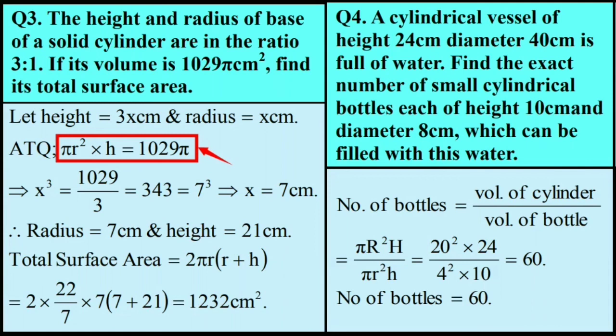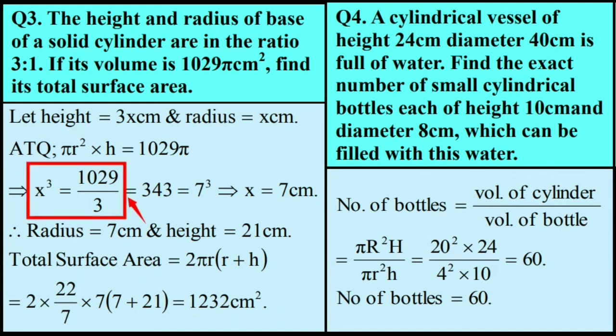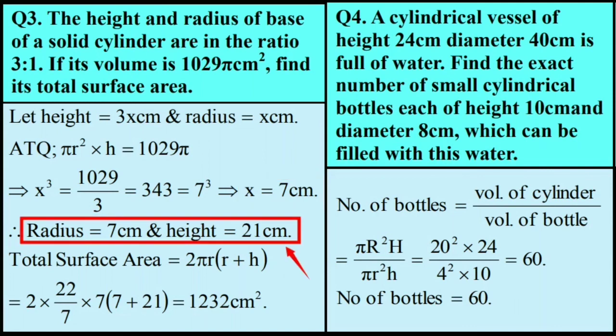That is the formula for volume of a solid cylinder. In the equation, r is replaced with x and h is replaced with 3x, and the equation is simplified to get the value of x, that is the ratio factor, and x obtained is 7 centimeter. Hence radius, that is x, is equal to 7 centimeter, and height, that is 3x, is equal to 21 centimeter.